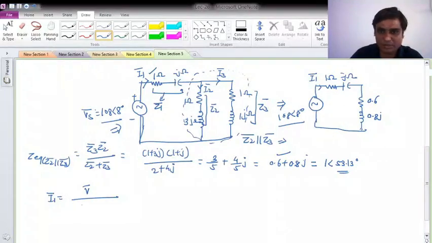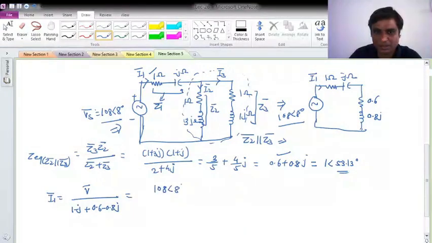So the equivalent impedance I obtained is 1 minus j plus 0.6 plus 0.8j, which is 1.6 minus 0.2j.